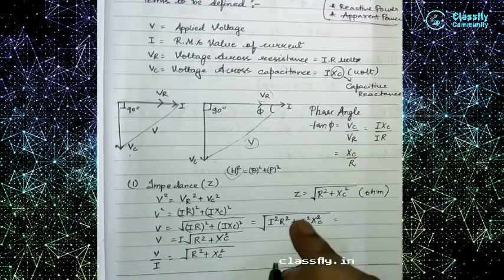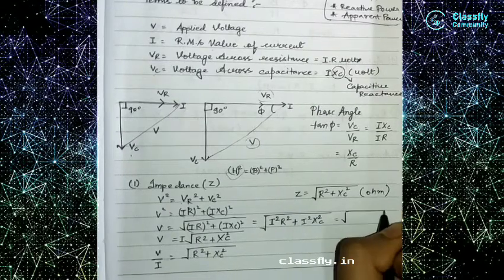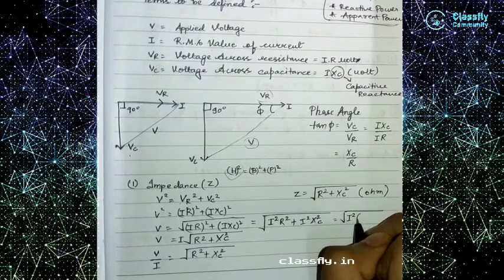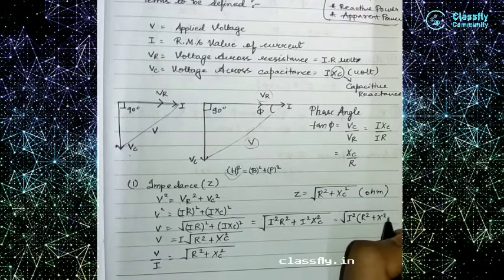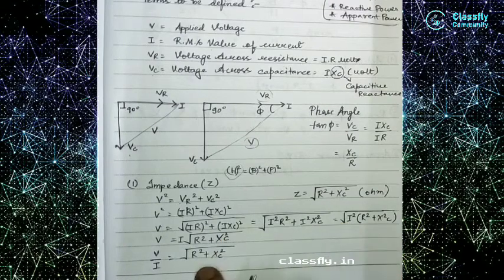We get I square as common, so we bring I square outside, and we write R square plus XC square. Now when we bring it outside the square root, we get I. So we have written I square root of R square plus XC square.